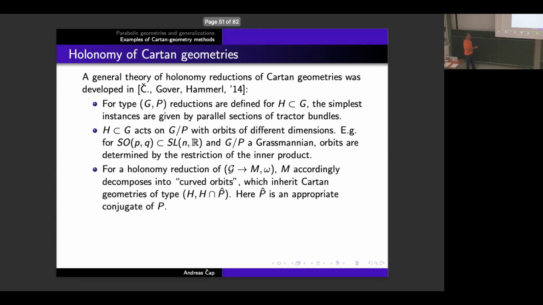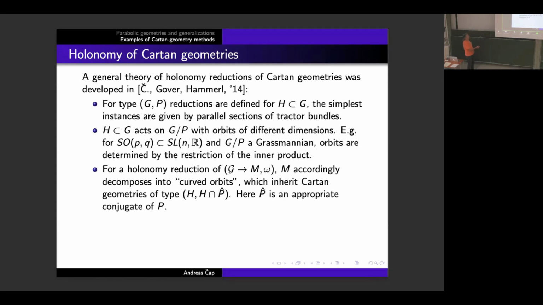Now it turns out that, in complete contrast to what happens for principal connections, a holonomy reduction of a Cartan connection in general gives you a decomposition of the underlying manifold. This decomposition exactly corresponds to the decomposition of the homogeneous model, with not all parts necessarily being there, but whatever is there in curved geometries has to be there in the homogeneous model.